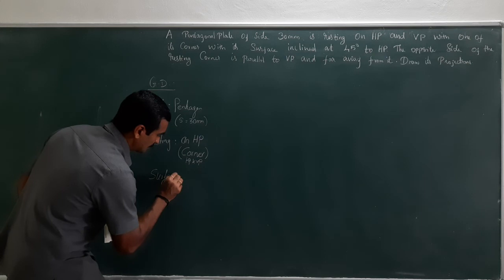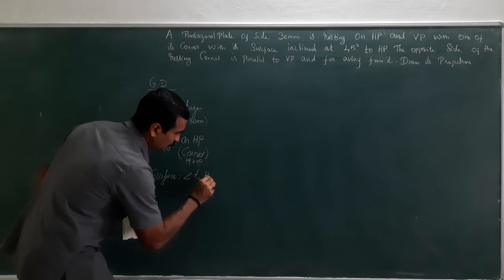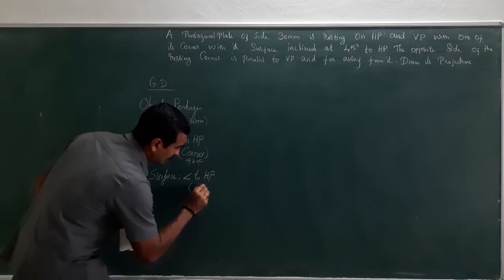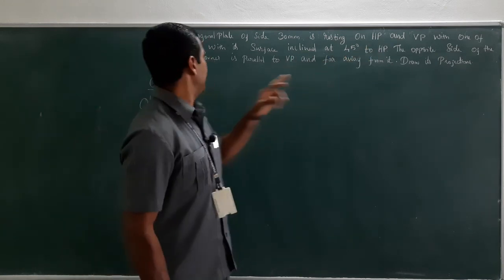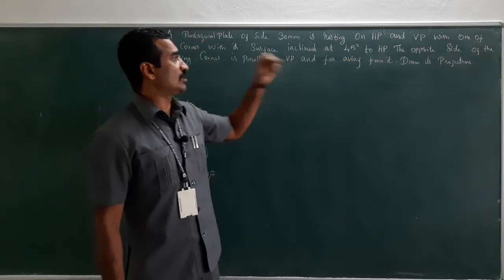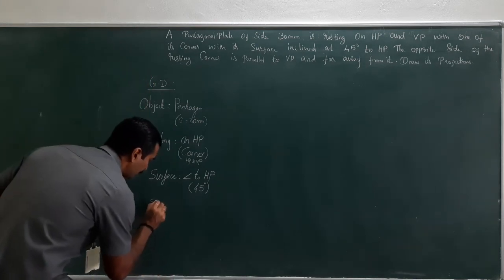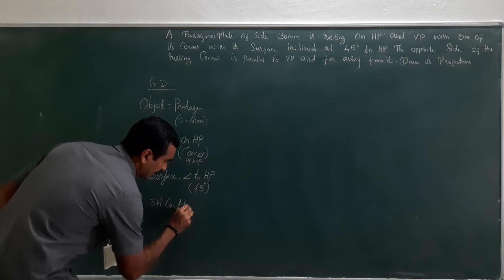So, surface is inclined to HP at an angle of 45 degree. The opposite side of the resting corner is parallel to VP. So, the special condition, usually the edge inclination will be there, isn't it?